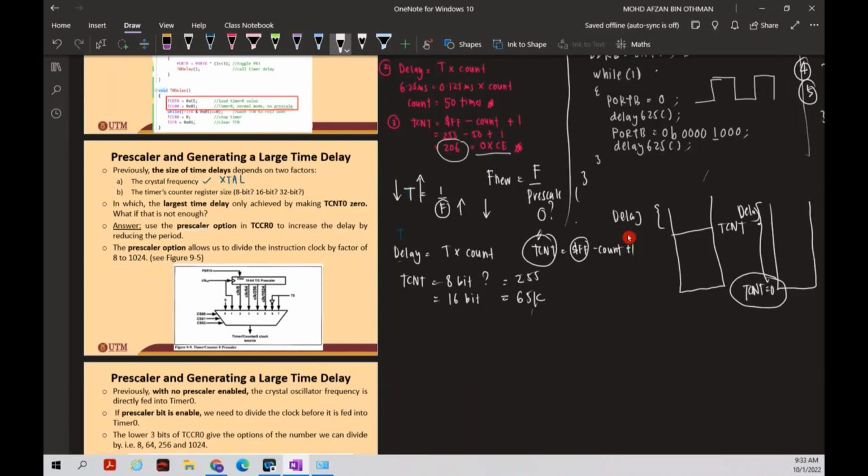The larger the prescale that you use, the smaller the F value becomes. And what happens if your F is small? The T will increase. When the T is large enough, the delay will become bigger. So that's why we use the prescaler option in TCCR to increase the delay by reducing the frequency and increasing the period.